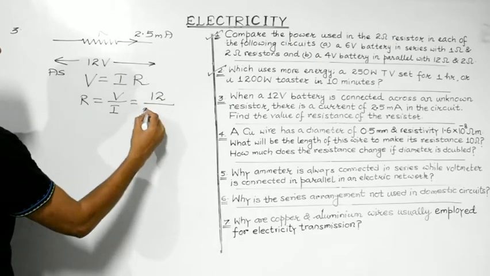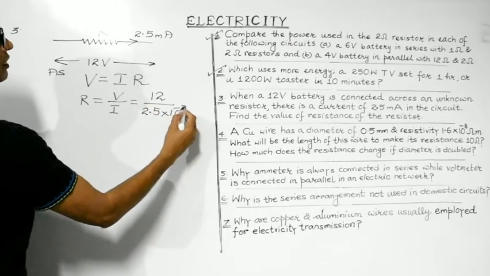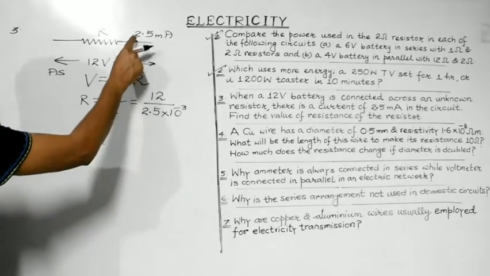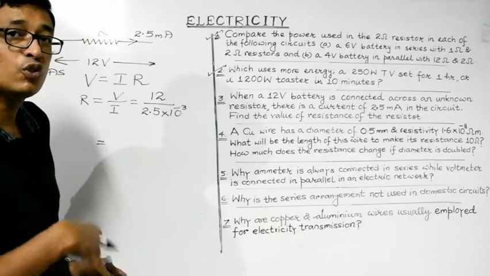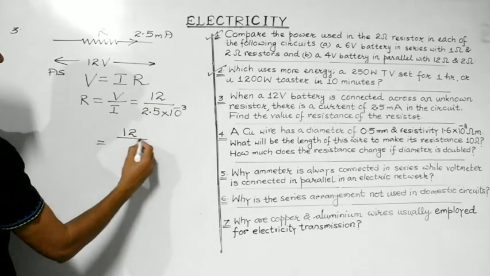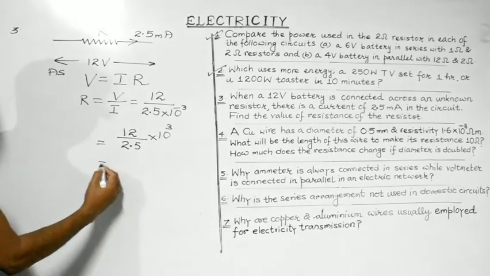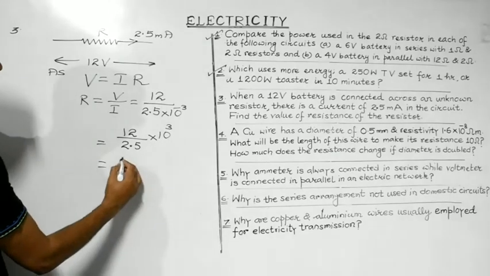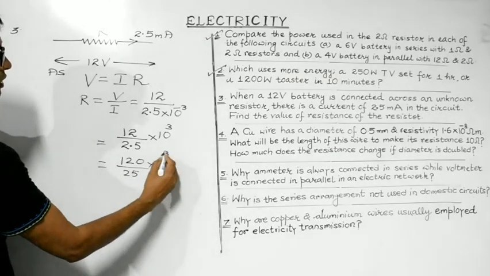Current is 2.5 milliampere, which is 2.5 into 10 to the minus 3 ampere. Don't forget to convert milliampere into amperes. So what we get is 12 divided by 2.5 into 10 raised to the power minus 3. It can also be written as 120 divided by 25 into 10 raised to the power minus 3.